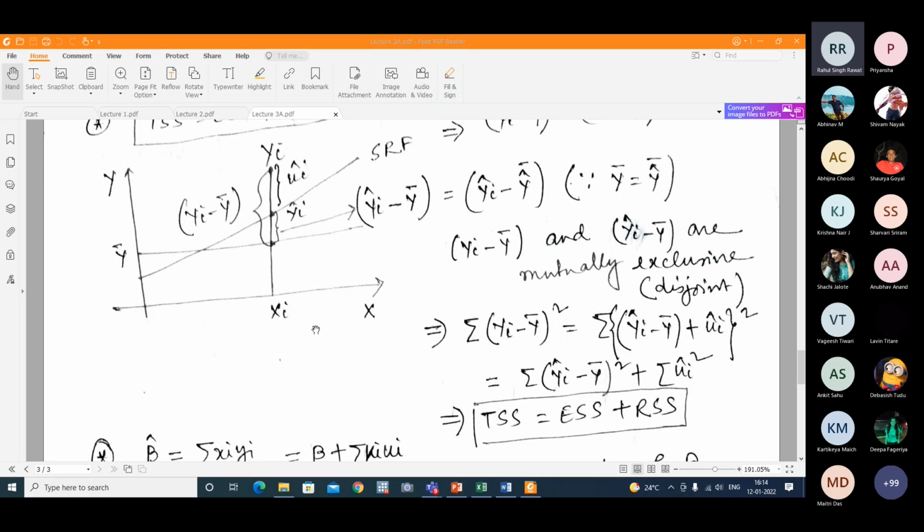Higher ESS means what? Lower is the residual. Yes. Higher ESS means a larger part of the estimated model is explained and less of it remains unexplained.